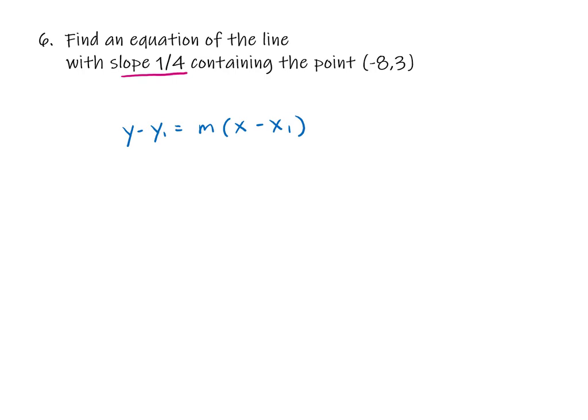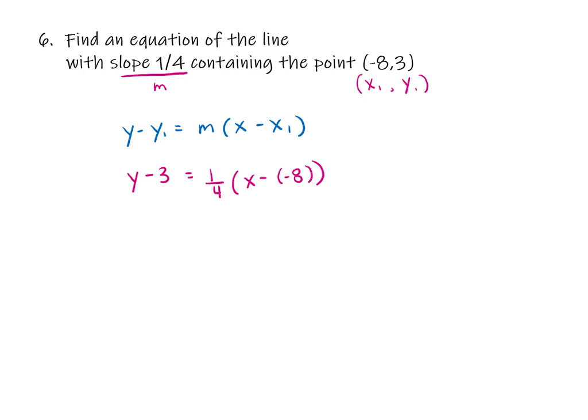We're given the slope as 1/4, and we're given the x1 and the y1 in this point that we have. So we can replace that information, say y minus 3 is equal to 1/4 times x minus negative 8.